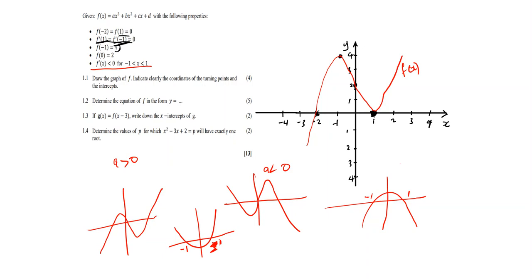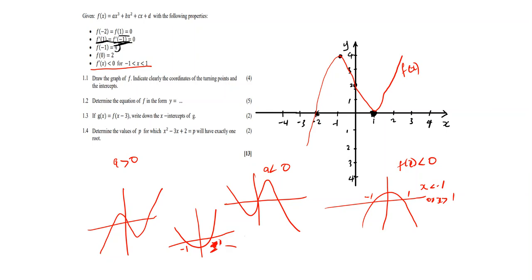So now we check f at x less than 0. For what values of x is this thing below the x-axis? It's when x is less than -1 or x greater than 1.